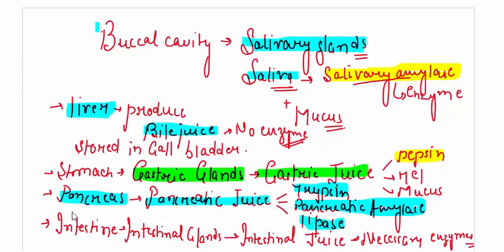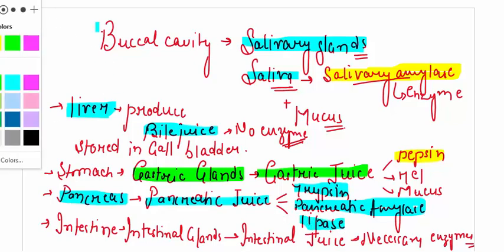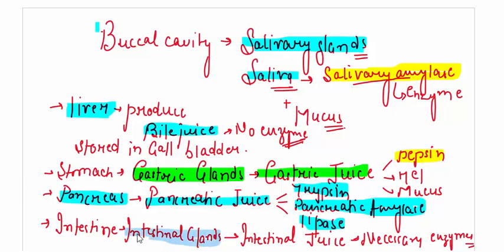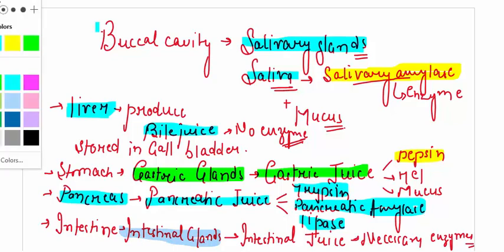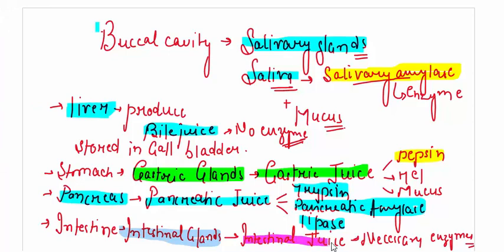And after this, we have to consider the intestinal glands present in the intestine, which secrete intestinal juice, having the necessary enzymes for the completion of digestion. Intestinal juice is also called succus entericus.